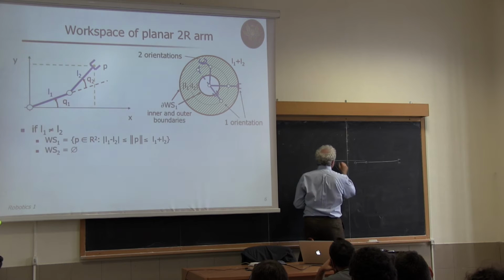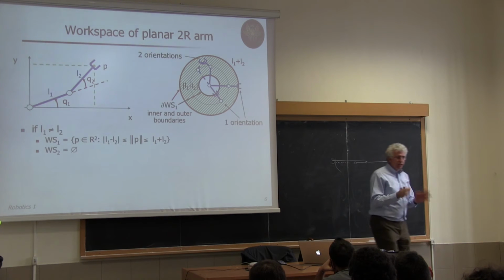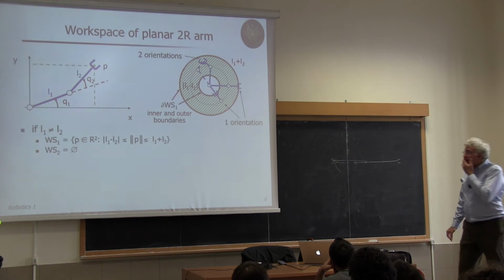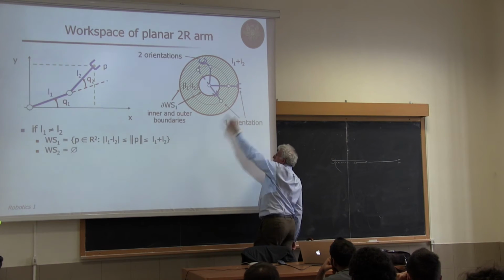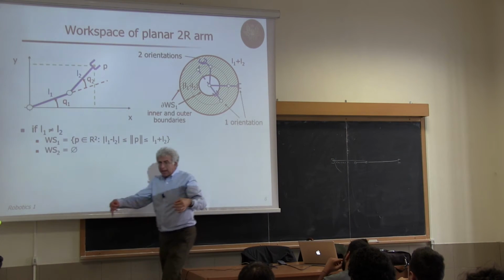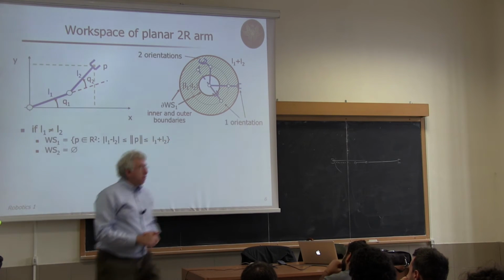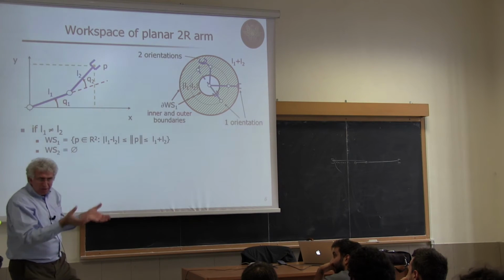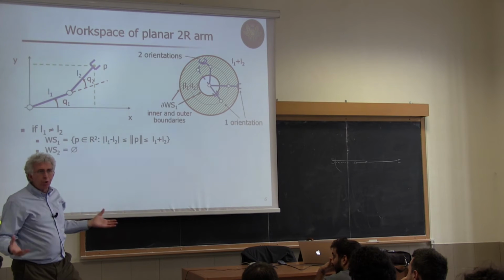So this part cannot be accessed. So it's the difference that matters, the absolute value of the difference of the link lengths. Now I'm moving the first joint and the third joint rotates. So from this segment, what comes out is a sector. How do you call it? I mean, a circle with a hole inside. Okay.